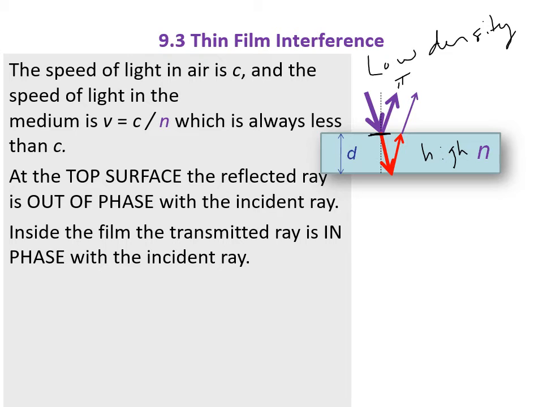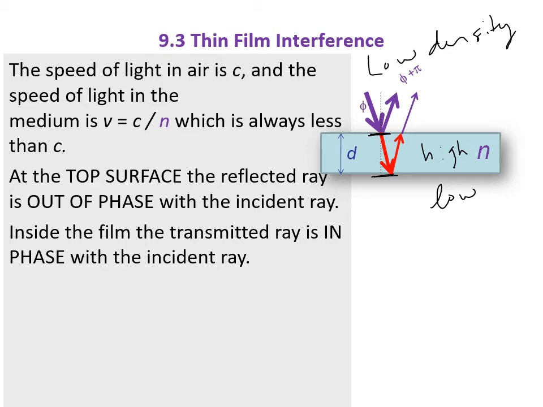It gets reflected off of this boundary here where you're going from high to low. At this boundary of reflection, there is no phase change when you go from high to low, so it's still in phase. The phase is typically represented by lowercase phi.